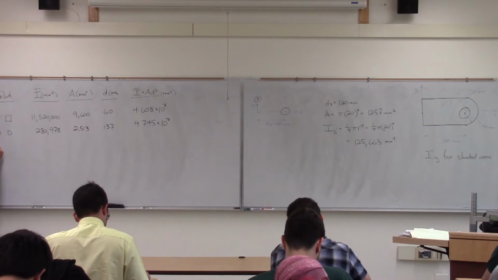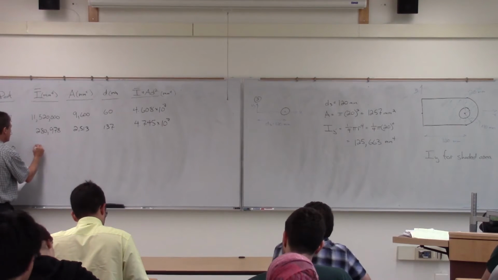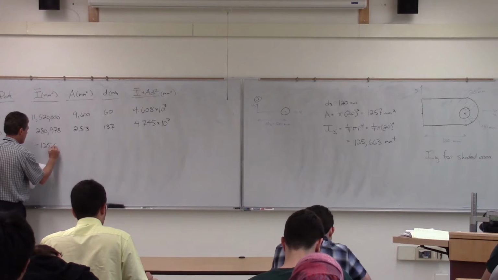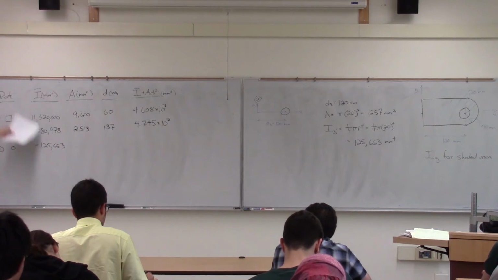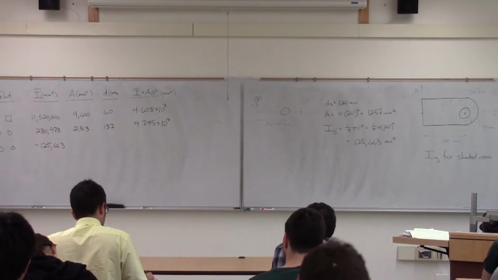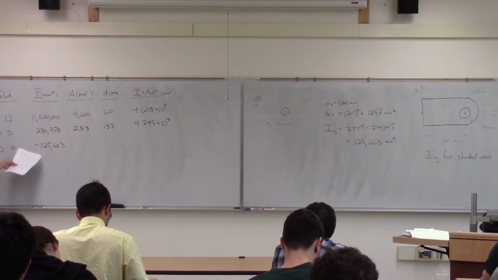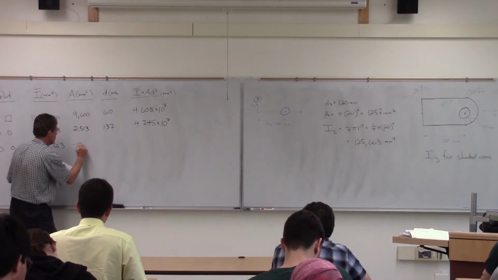And finally, 3 is going to be our tricky one, because that's the hole. And again, we need to put in a negative area, because think about that when I sum that all up. I'm sorry, that's negative moment of inertia. So it's going to be taken out of the system there. This is my area.